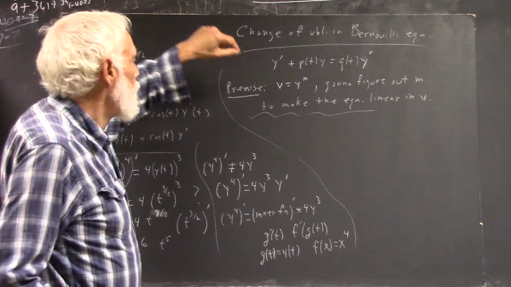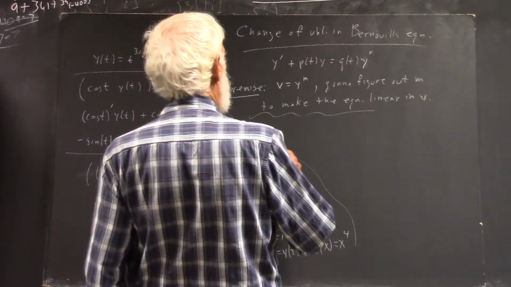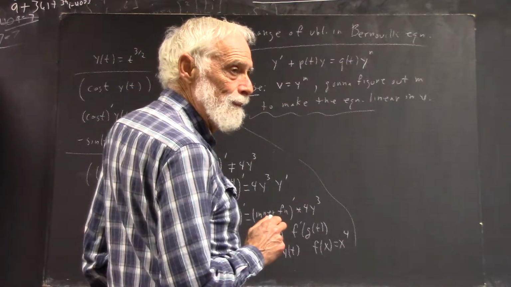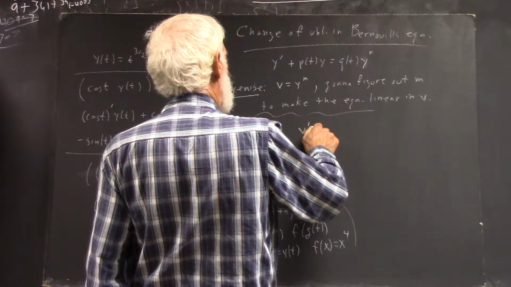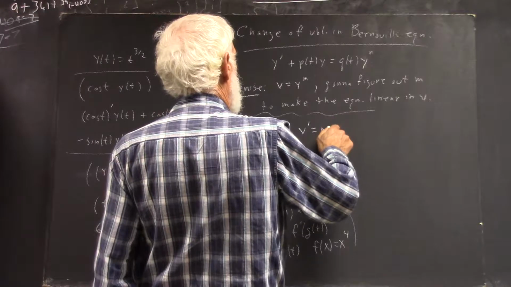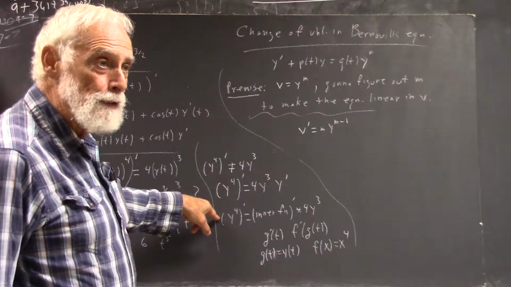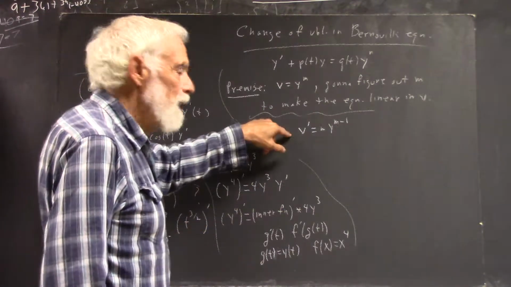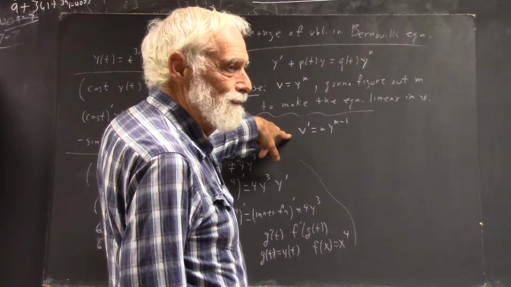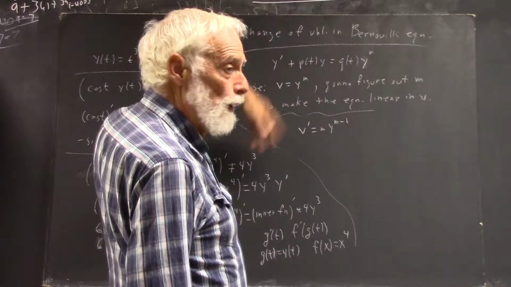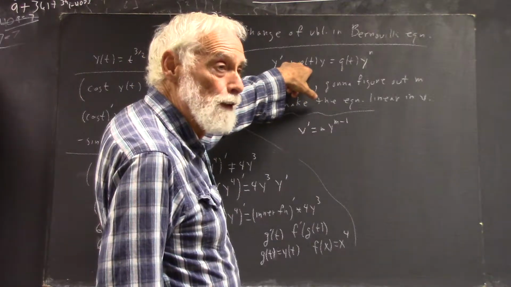Okay, so anyhow, you've got v equals y to the m. Well, you've got a y prime, so you're going to want a v prime, and of course that's m y to the m minus 1, and that's all you write down if you forget the rest. But y is a function of t, and that's implicit in the way the problem is stated. t is your variable of integration.